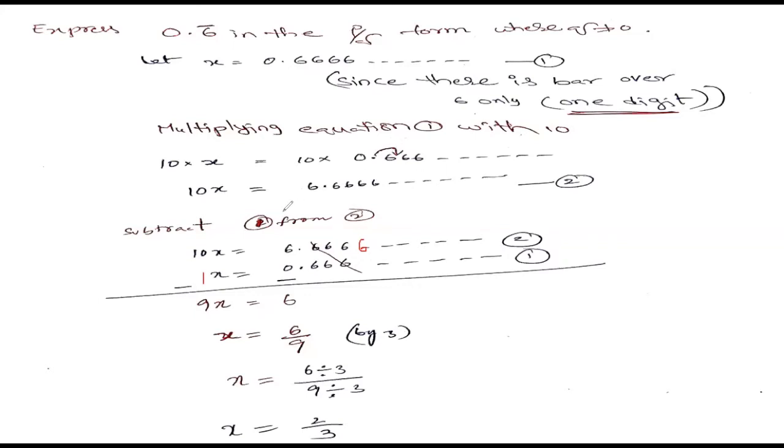Now, subtraction, equation 2 is the same, right? Equation 1 is here. This is subtraction like general subtraction. 10 minus 1, you will get 9x. All the 6s cancel. So 6 minus 0, 6. This side multiplication, this side division.